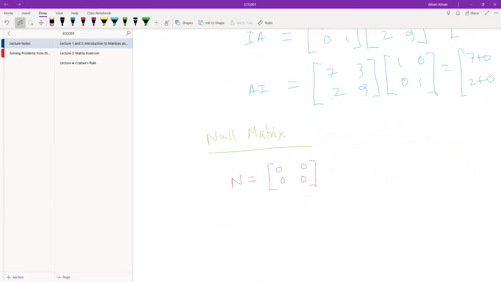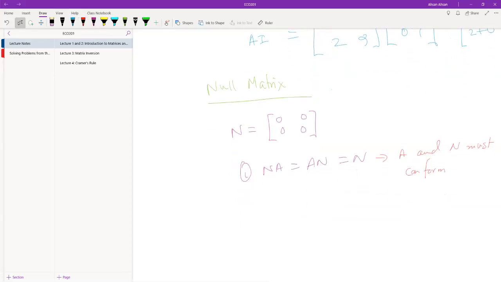So effectively, the one feature of a null matrix is if we pre-multiply or post-multiply anything with a null matrix, we will get the null matrix. But obviously remember that for this to be applicable, A and N must conform. If they do not conform, of course, we can't multiply them and we don't have a result.